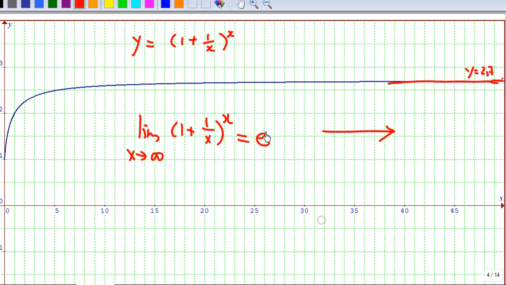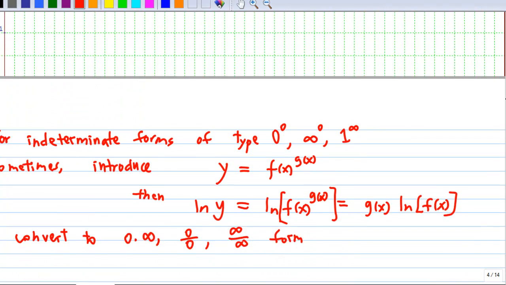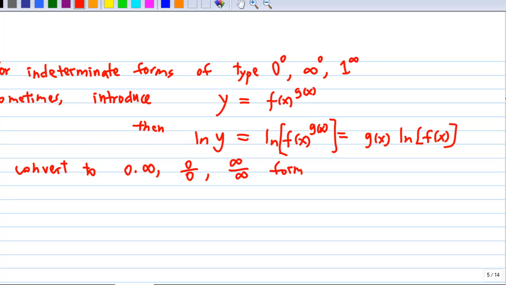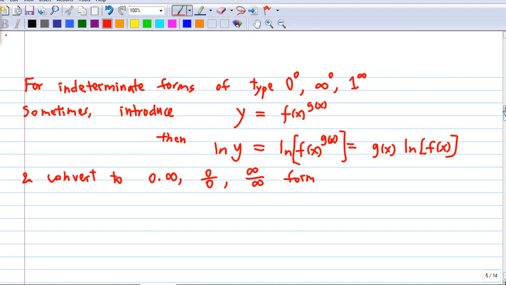What is the strategy now if we don't have the graph to help us? For indeterminate forms of the type 0 power 0, infinity power 0, or 1 to the power infinity, sometimes we introduce a dependent variable y, which is f(x) raised to the power g(x), where, for example, the limit of f(x) is 1 and the limit of g(x) is infinity.